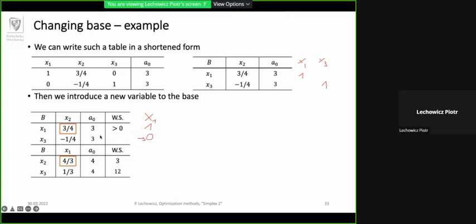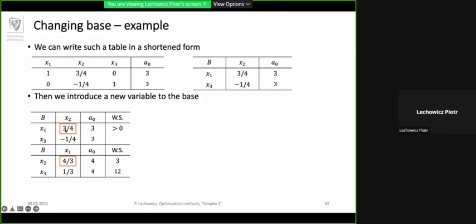So here we have minus 1/4 divided by this. Minus minus is a plus. So you have 0 plus 1 divided by 4 multiplied by 3 divided by 4. So it's equal to 1/3. In other words, it's equal to this divided by this with minus 1.